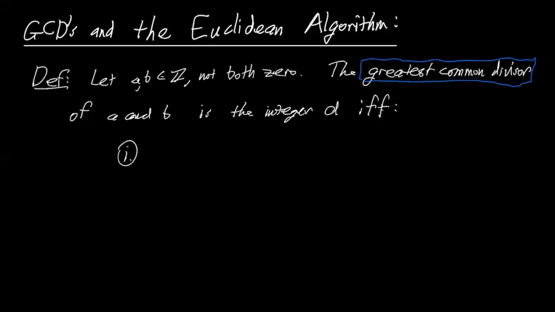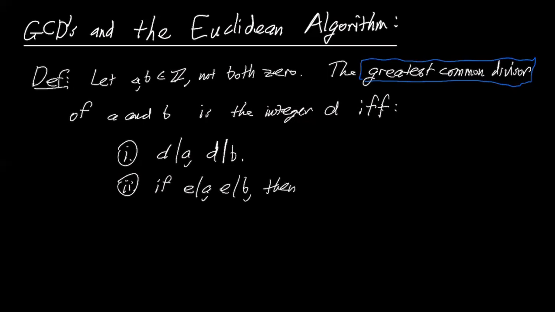One, D has to be a common divisor, right? D divides A and D divides B. And two, if E divides A and E divides B, so if E is another common divisor, then E is less than or equal to D, right? I mean, that's kind of the standard definition.